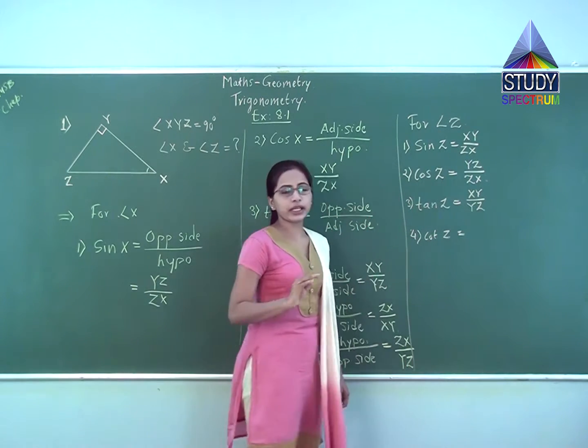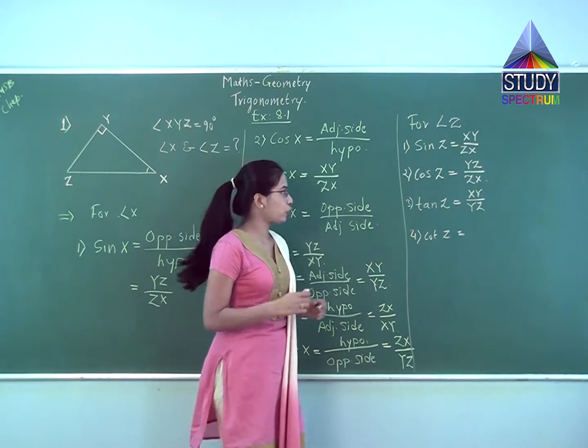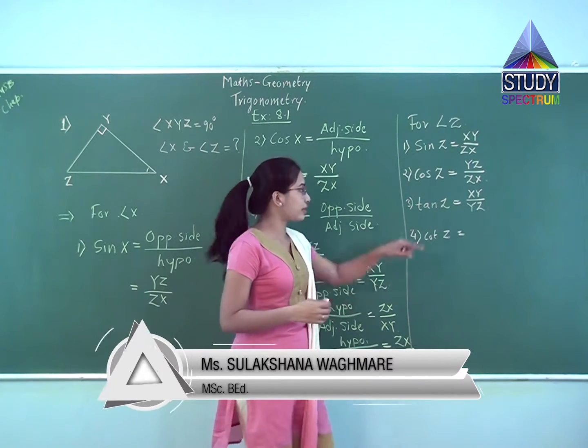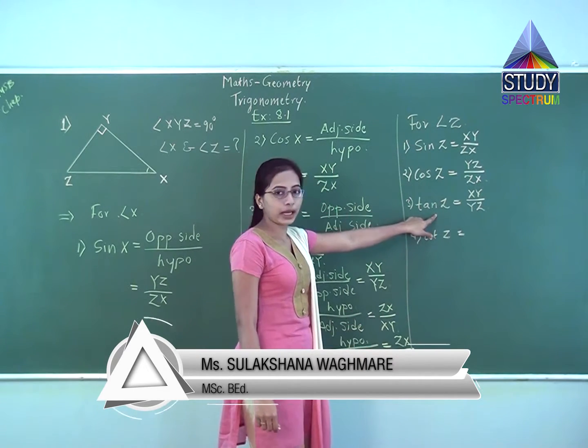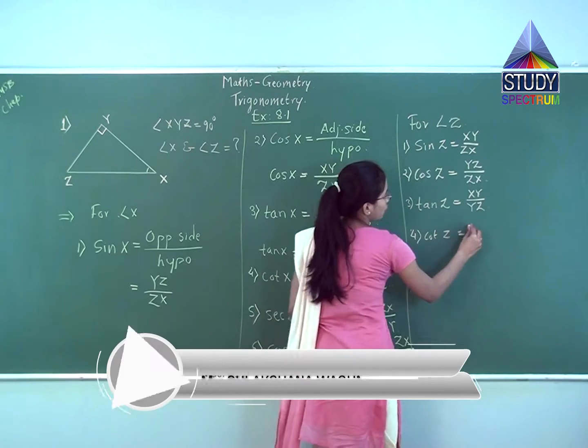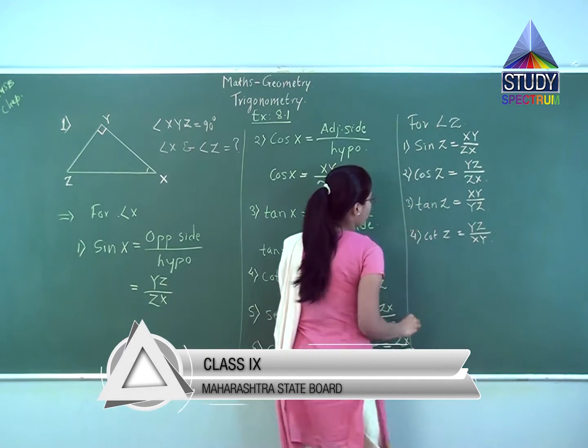Then the fourth trigonometric ratio, cot Z. Now we are not taking formulas. We know the relationship between all the trigonometric ratios. What we will do is just reverse these. We know cot is opposite of tan, so I will reverse it. So it will be YZ upon XY. Actually this will be the shortcut.